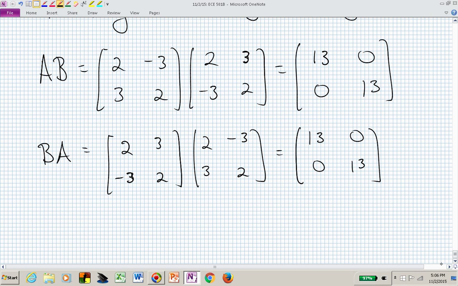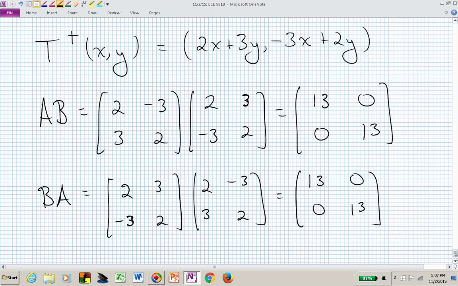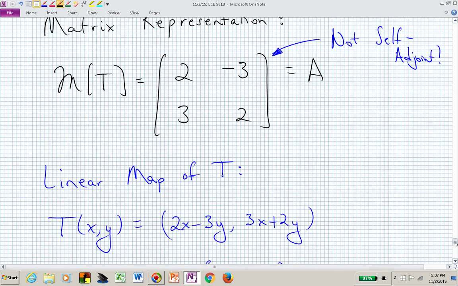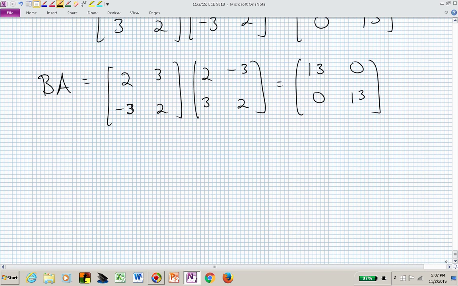So now we see that those two operators commute by multiplying their matrix representations, but that linear operator was not self-adjoint, but it is normal. That linear operator is normal, but not self-adjoint.